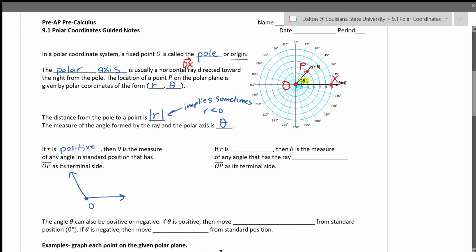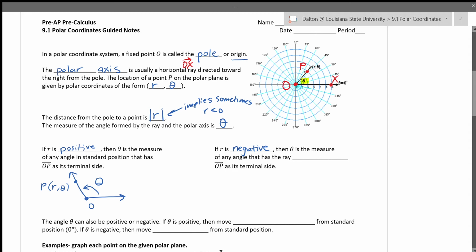And then if this is in standard position out to the right, let's put point P on the terminal side here. And we know that point P has coordinates r and theta. So if r is positive, then theta is this angle that opens up here. It's very, very typical.